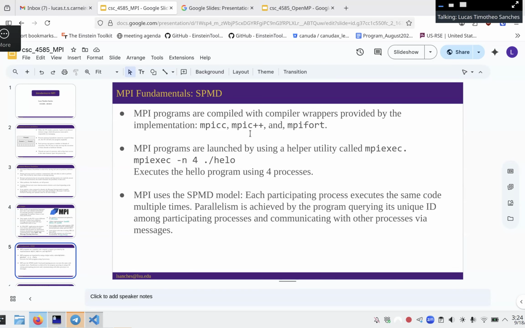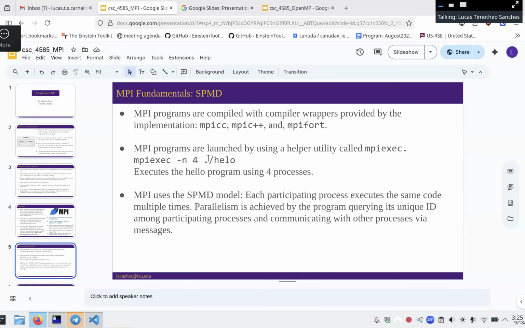If you're using C and C++, you're going to use mpicc or mpic++. If you're using Fortran, you're going to use mpifort. And they're going to be executed with a launcher program called mpiexec. In this case, mpiexec is going to launch 4 versions of your program called hello.